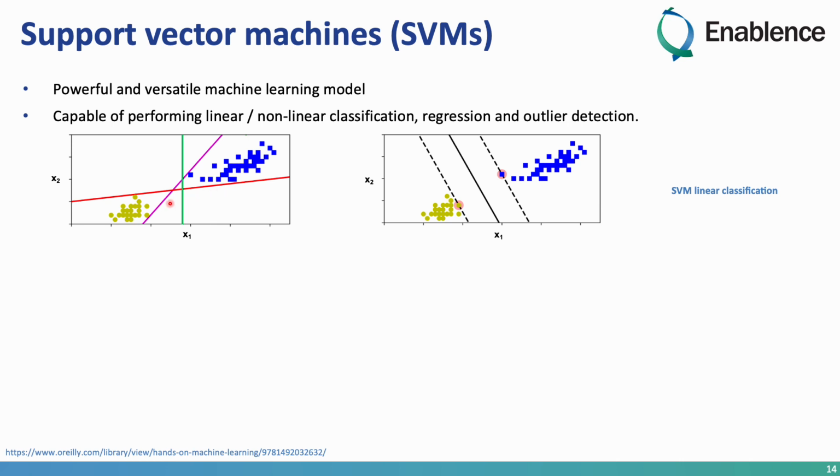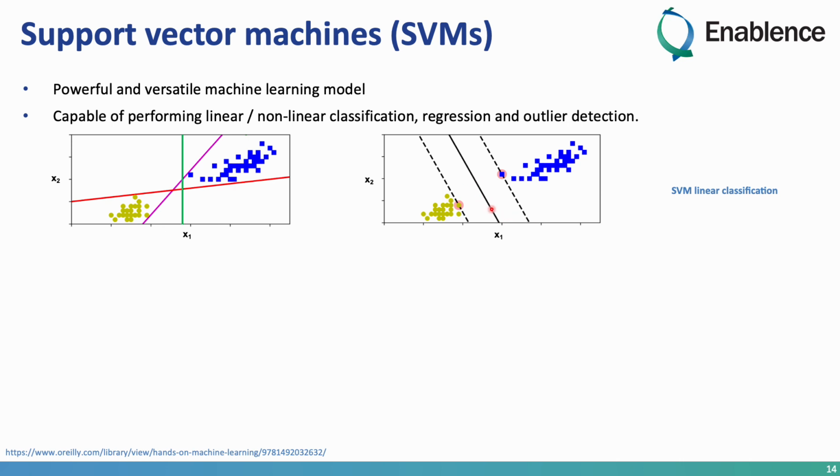Let's take a simple classification example where we have two linearly separable classes, the blue class and the yellow class. The three lines shown here represent the decision boundaries of three possible linear classifiers. All three work perfectly well in this particular case, but if you look closely, you will see that the decision boundaries come so close to some of the instances that these models are not likely to generalize well to new cases. Now compare this to the decision boundary of an SVM classifier shown on the right.